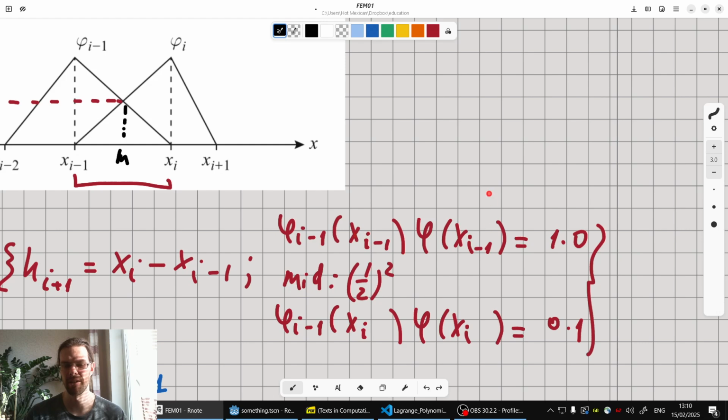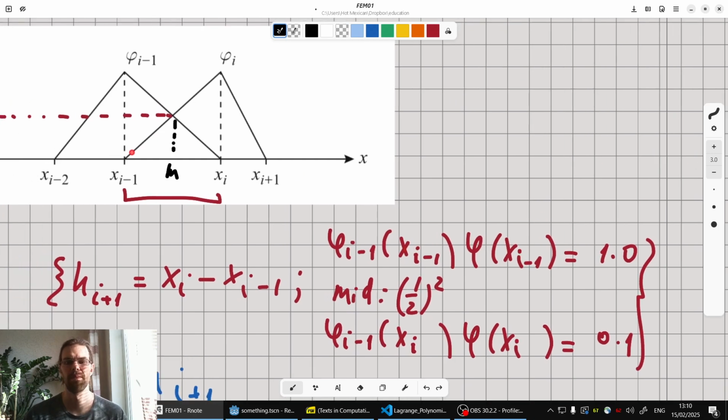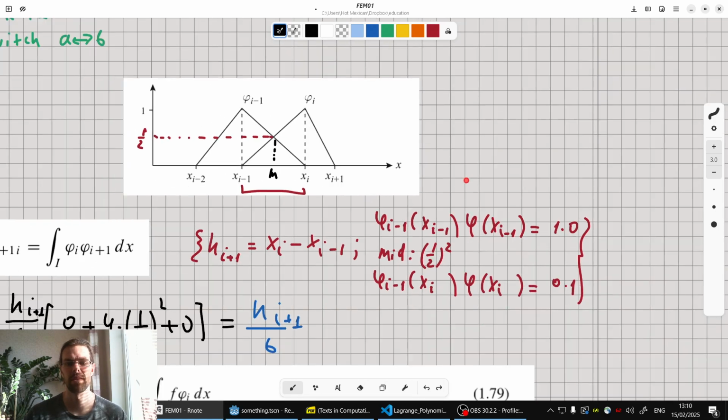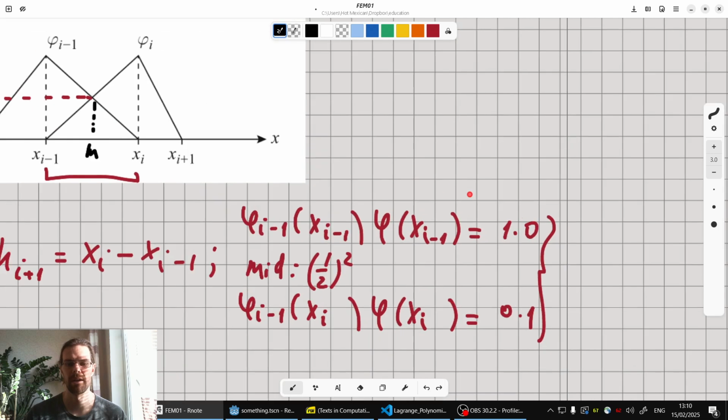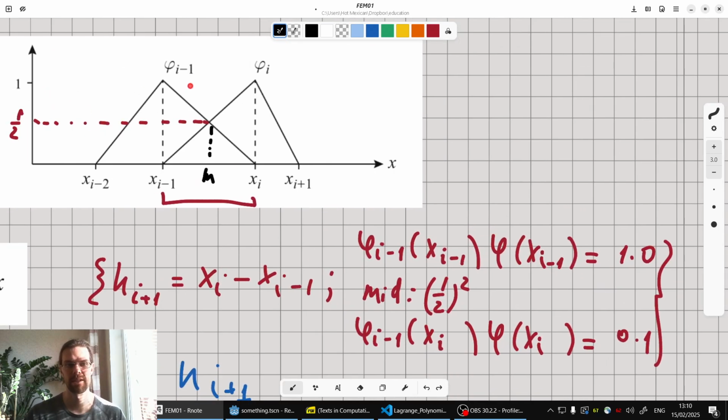left-hand side value, oh, I understand. So the left-hand side interval will be just this function times this function, so 1 by 0.